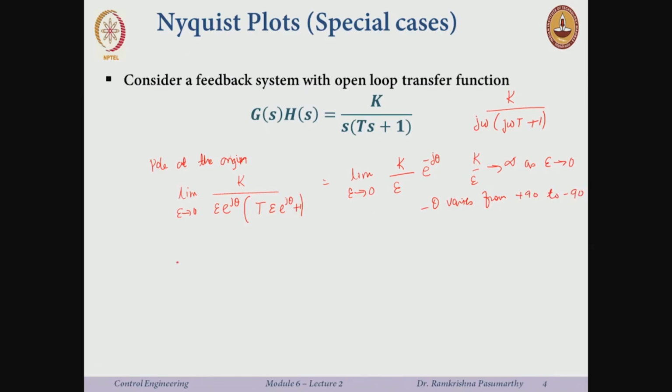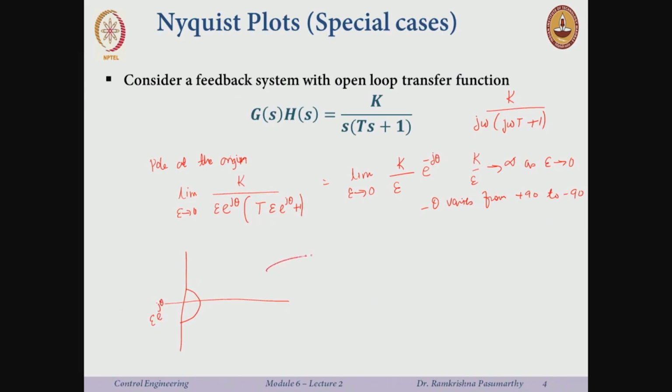I first want to see how this little region maps, so let us draw it a little better. This little region, this is epsilon e power j theta.